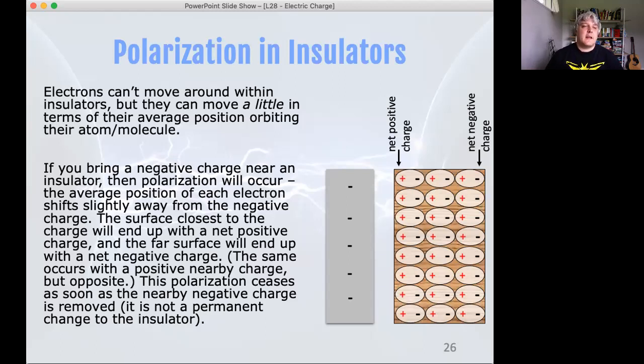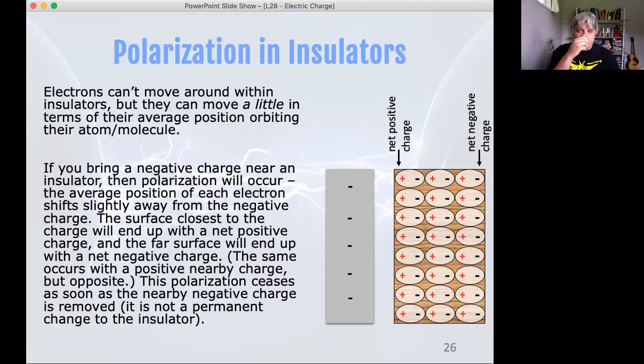So if you have an insulator, remember that in an insulator, the electrons are pretty much stuck where they are. They are stuck to the atom. They're not free to move like they are in conductors. But they can spend a bit more time on one side of the atom than the other if there was something influencing them to do so. And that's pretty easy to cause, such as bringing a negative charge nearby.